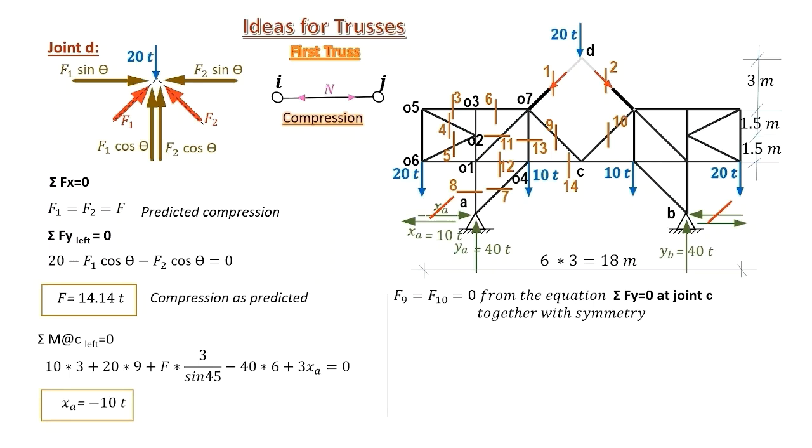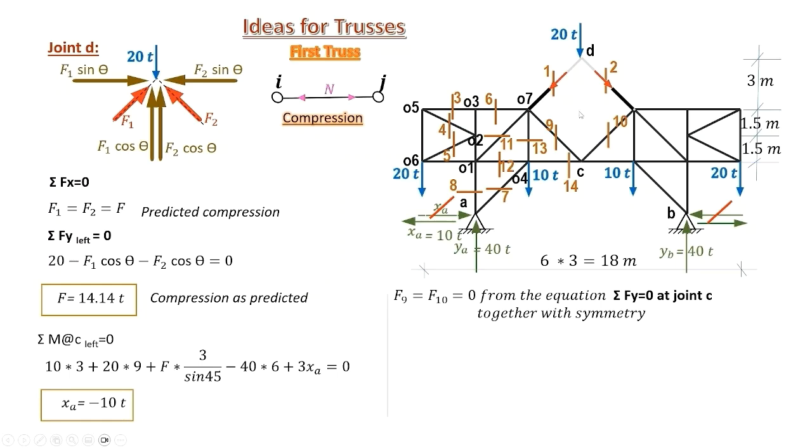Let's try this inspection before calculations. From symmetry, member 9 and member 10 must have the same force and therefore the same vertical components. Considering tension force, the vertical component of 9 heads upwards and the vertical component of 10 heads upwards.